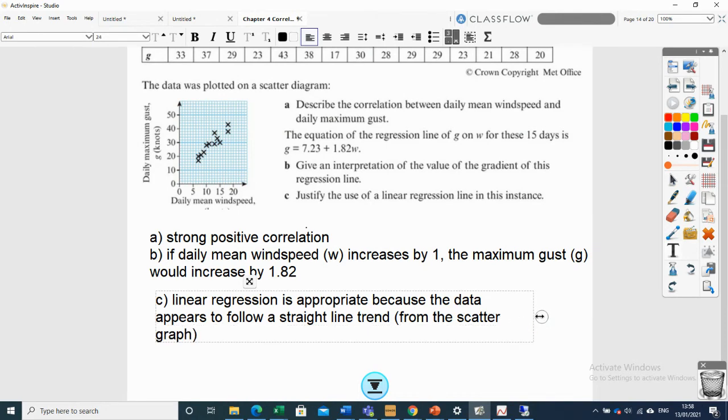It follows an approximate straight line trend, and we've got that from the scatter graph.